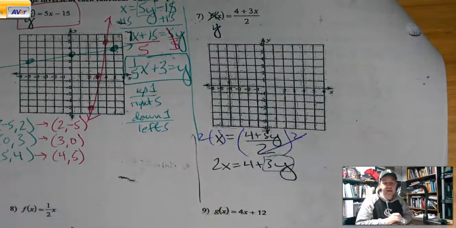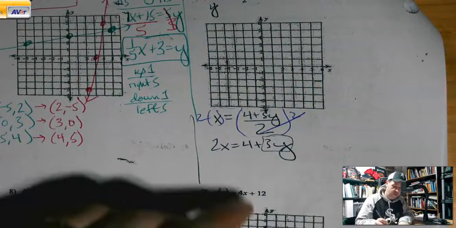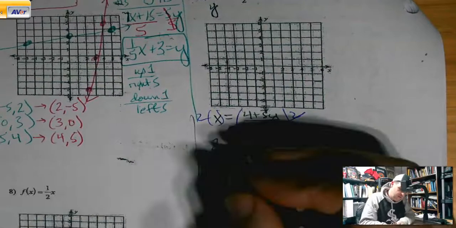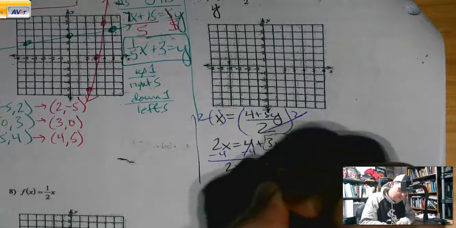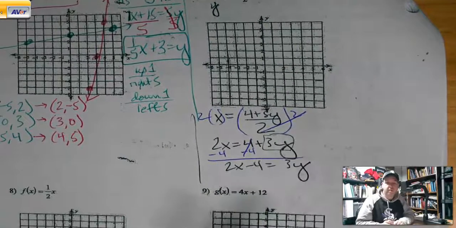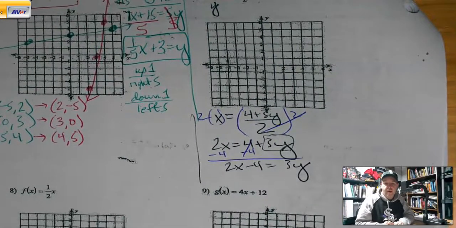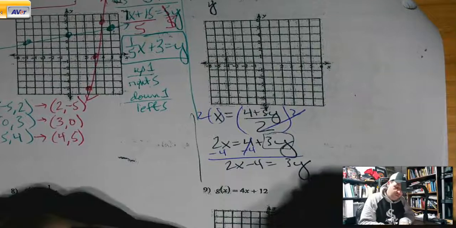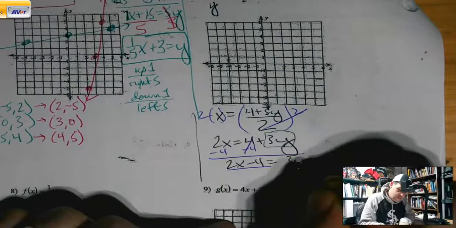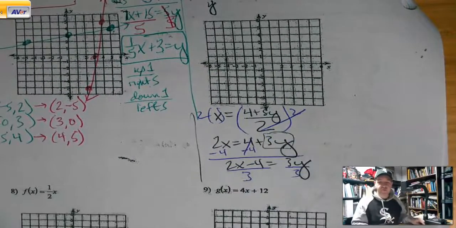Okay, goal's still the same. We want to get y alone. So we're going to get that 4 out of there. And then our last step is to do the divide by 3.